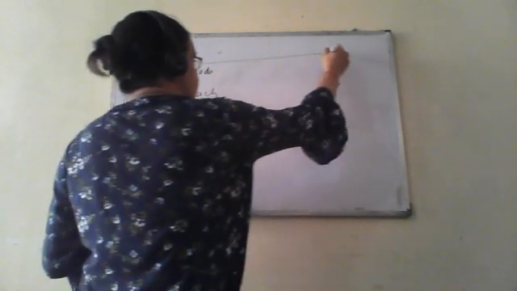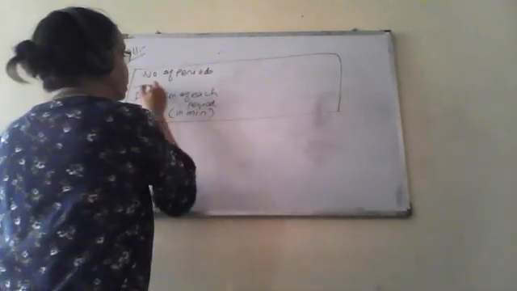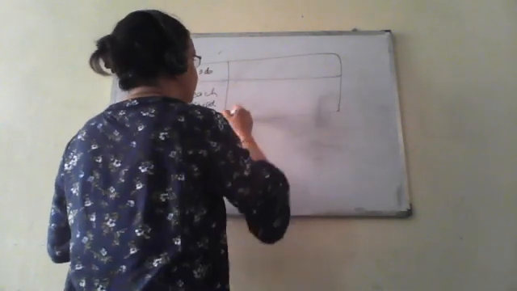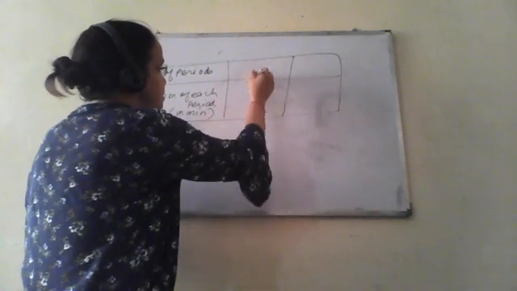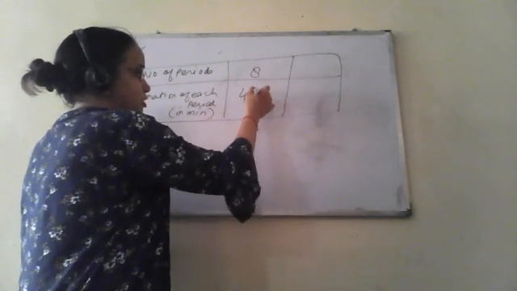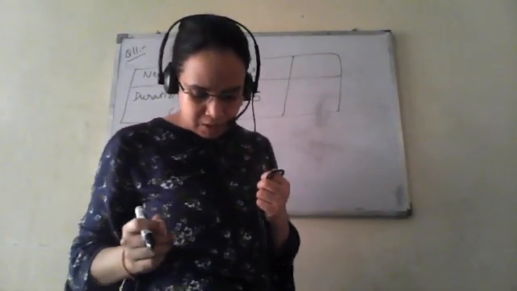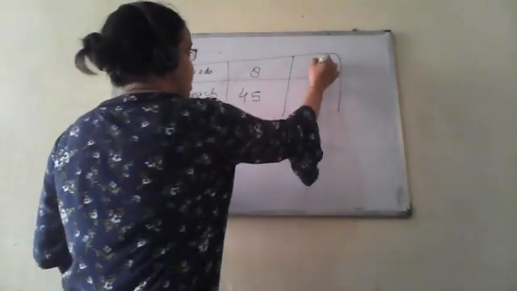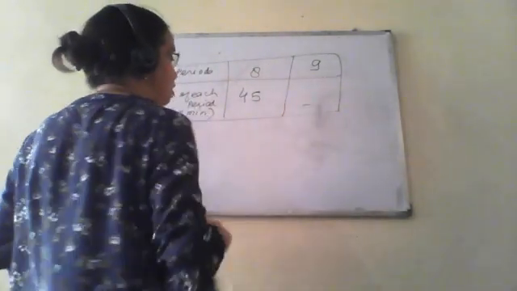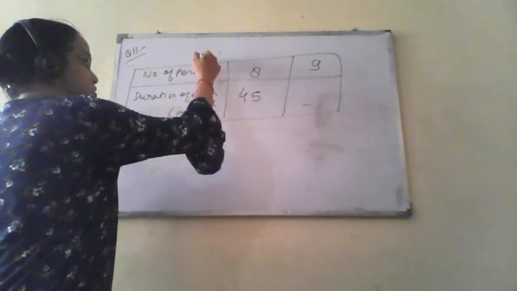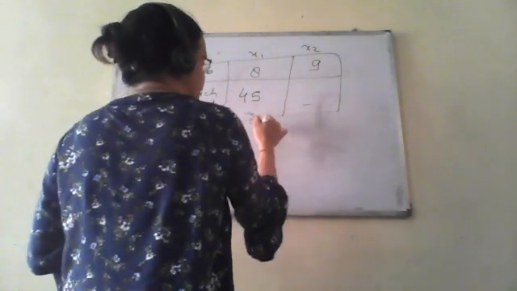So we have to simply form a table. Earlier it was 8 periods and the duration was 45 minutes. And how long would each period be if there are 9 periods? Now the number of periods has become 9. Clear? So we have to calculate the duration of each period. This is our x, this is x1, this is x2, this is y, this is y1, this is y2.